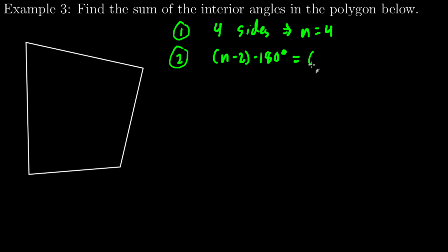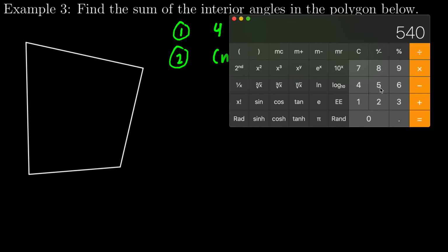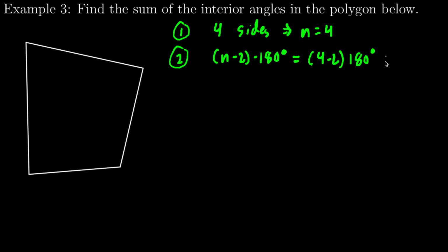N minus 2 is going to be 4 minus 2 times 180 degrees. 4 minus 2 is 2. 2 times 180 gives me 360. Let me type that in. Lovely. So I know that my interior angles add up to 360 degrees. And that's it for that.